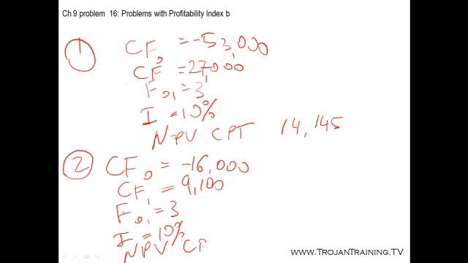NPV, CPT, and the answer you'll get is 6,630.35. So comparing these two values, we see that project 1 has the higher net present value. So according to the net present value rule, we should accept project 1 since its NPV is greater.